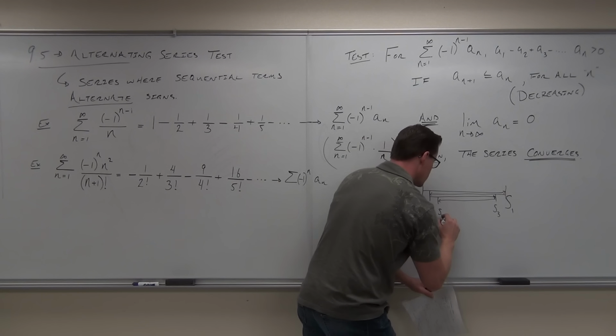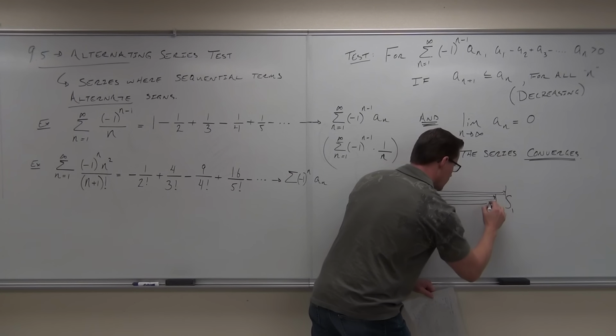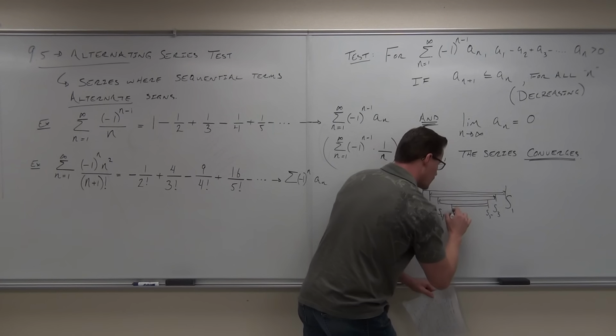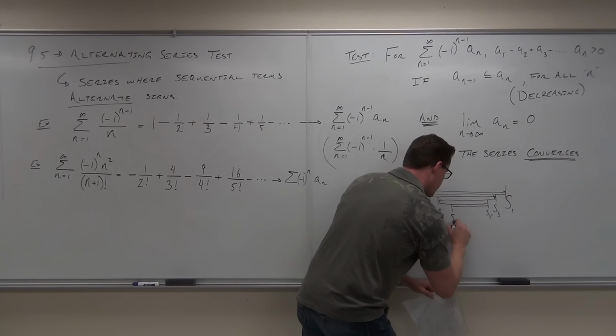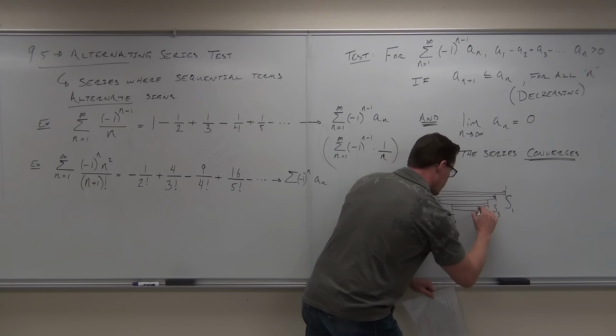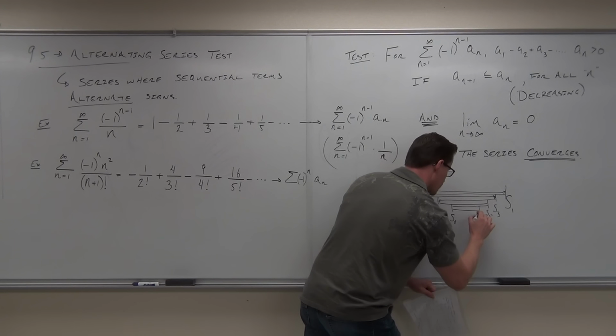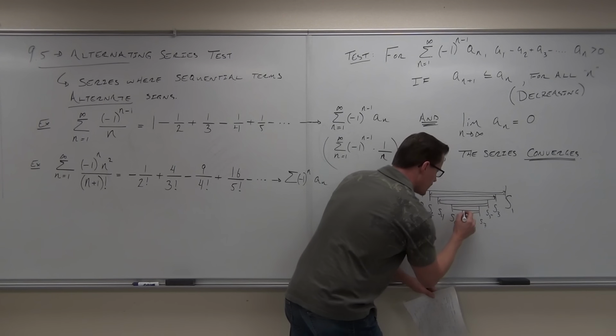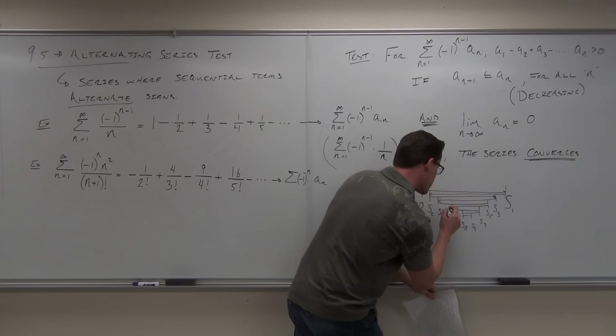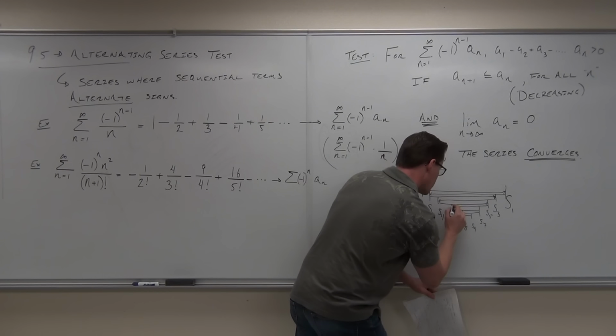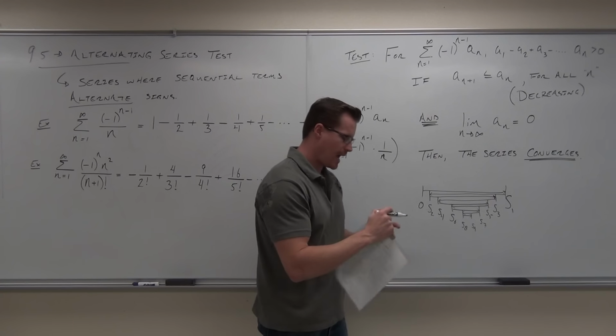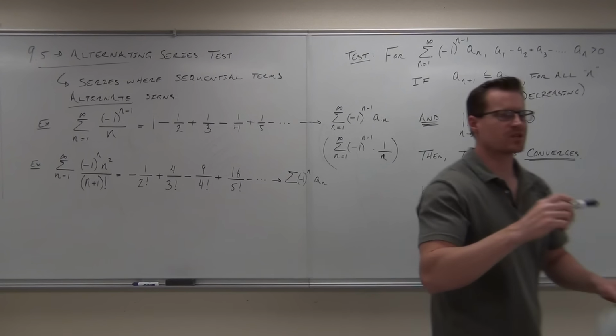Because I'm decreasing, I'm getting it closer and closer together. Do you see that ultimately what's going to happen? I've lost my arrows, didn't I? So this way, this way, this way, this way, and this way. Ultimately, what's going to happen is that I'm kind of doing this ping pong match.